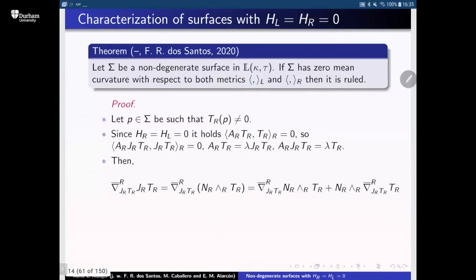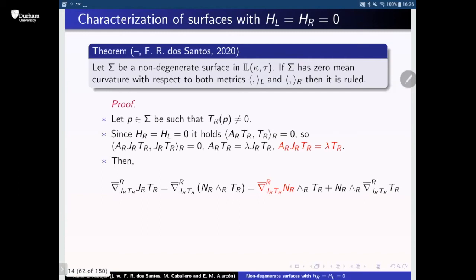So we apply the definition of GR, it was the rotation of the tangent plane, so it's just this vectorial product here. And now we apply the Leibniz formula for the Levi-Civita connection, and we have these 2 factors. I will deal with each one of these 2 factors separately.